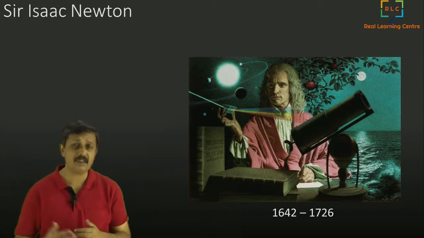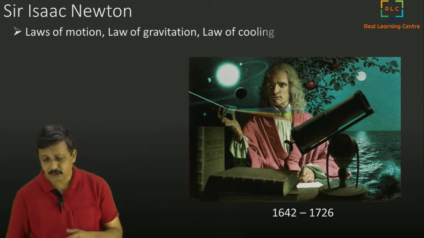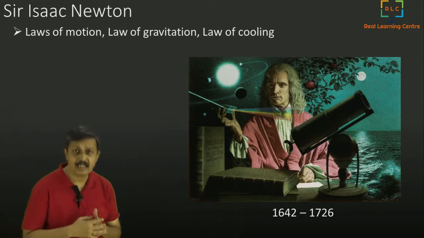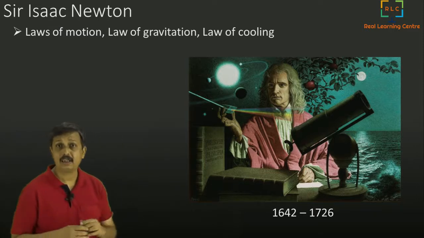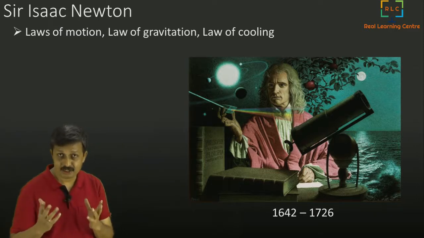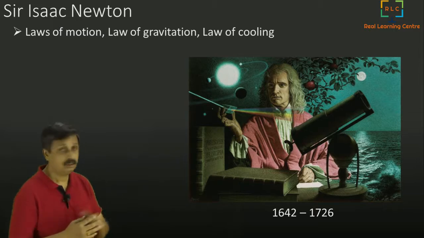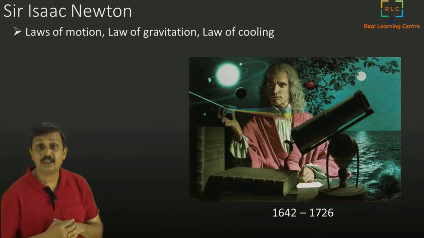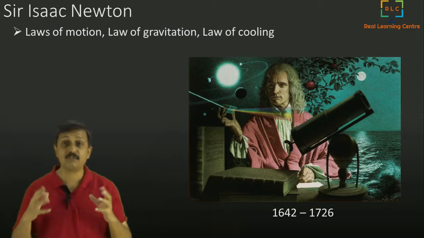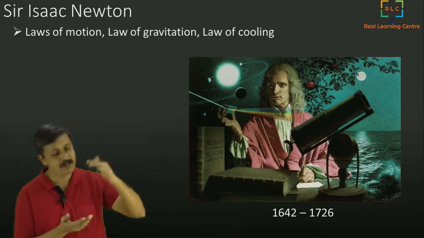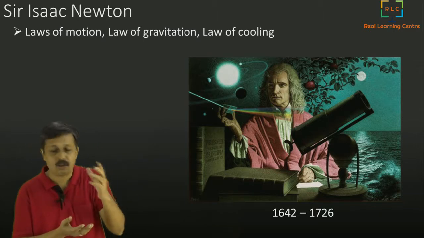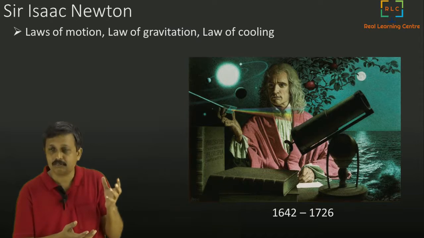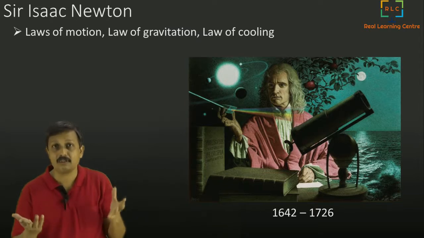He came a little later than Galileo. He worked mainly on the laws of motion and the law of gravitation. He even worked on the laws of cooling. If you keep milk or coffee on the table, how long does it take to cool down? He worked out laws on that.